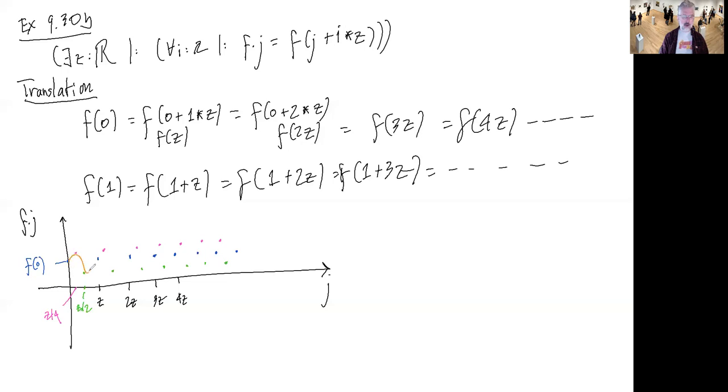It's going to keep going through the same values over and over again. Mine's not very good because my handwriting isn't awesome, but you get the point, right? This is going to go through the same set of values over and over and over again forever and ever and ever. And what that tells us in mathy terms is that f is periodic.